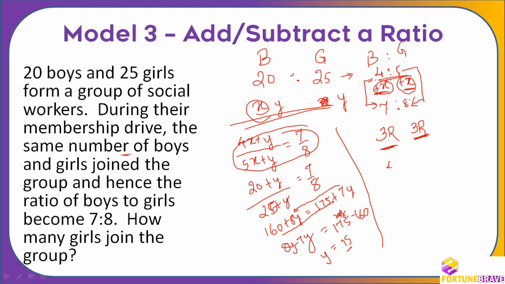We already know 4 ratio is 20, so 1 ratio is equal to 5. 5 ratio is equal to 25, so 1 ratio is equal to 5. So 3 ratio is equal to 15. We could have solved it like this, very fast and easy.